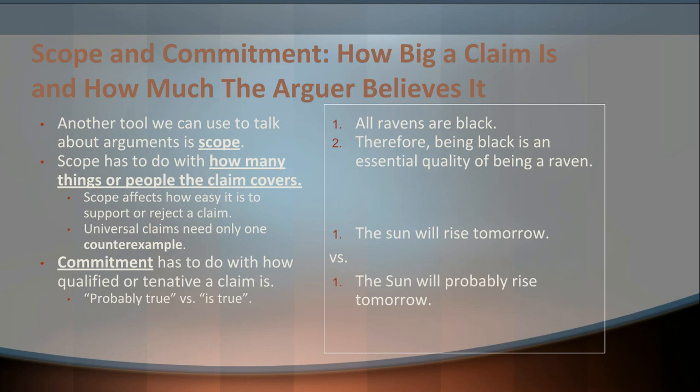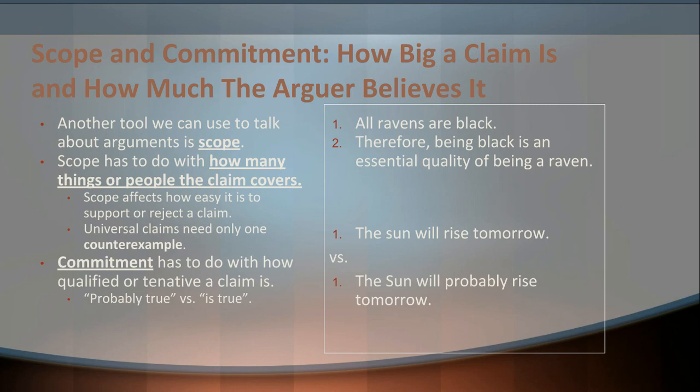Similarly, the commitment involved with the given claim will show how easy or difficult it is to prove or disprove. Compare these two different statements. The sun will rise tomorrow versus the sun will probably rise tomorrow. Now, both of those may be very well supported by the facts that are listed with them. They may be well supported by their premises. But the level of commitment involved changes how much is necessary to prove this sort of thing.